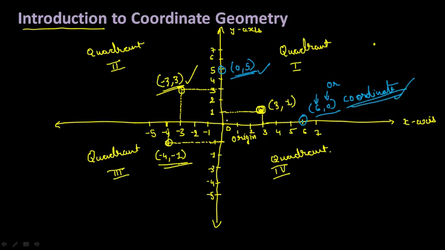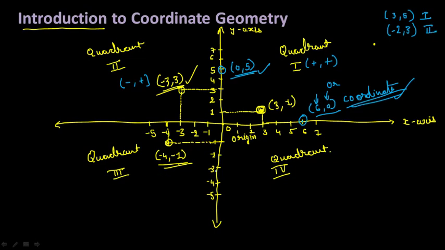Now let me give you some hints directly. When you have two positive terms, like 3 comma 5, that will lie in the first quadrant, because two positive terms always lie in quadrant 1. For quadrant 2, first will be a negative sign and then a positive sign, like minus 2 comma 3. Negative positive lies in quadrant number 2.